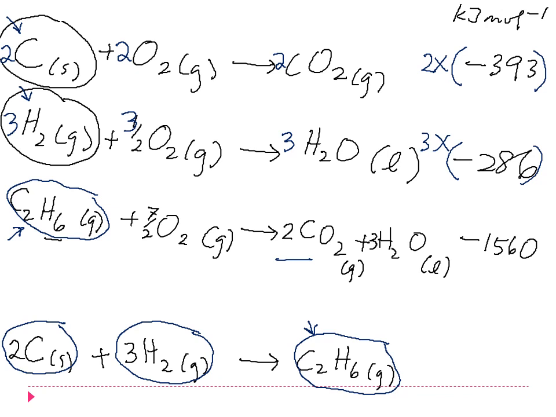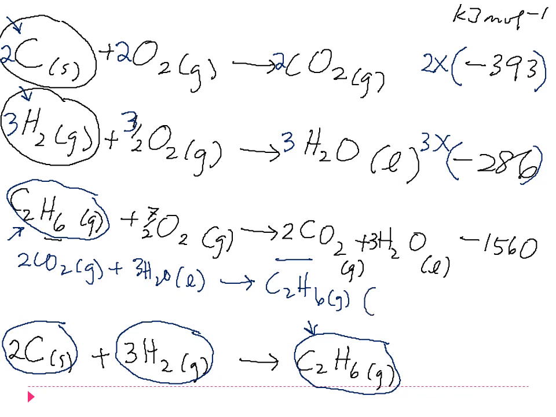So now 2CO2 is the reactant, 3H2O is the reactant, and C2H6 gas is the product, plus 7/2 oxygen gas.